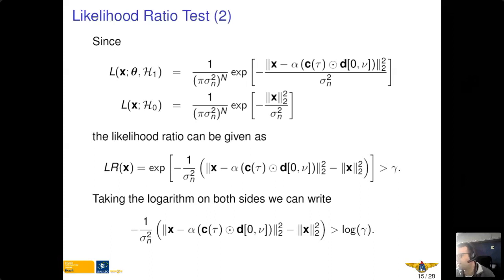We can take the logarithm on both sides, which makes it much easier to formulate. On the left-hand side we just take the argument of the exponential function, and on the right-hand side we have the logarithm of the threshold.